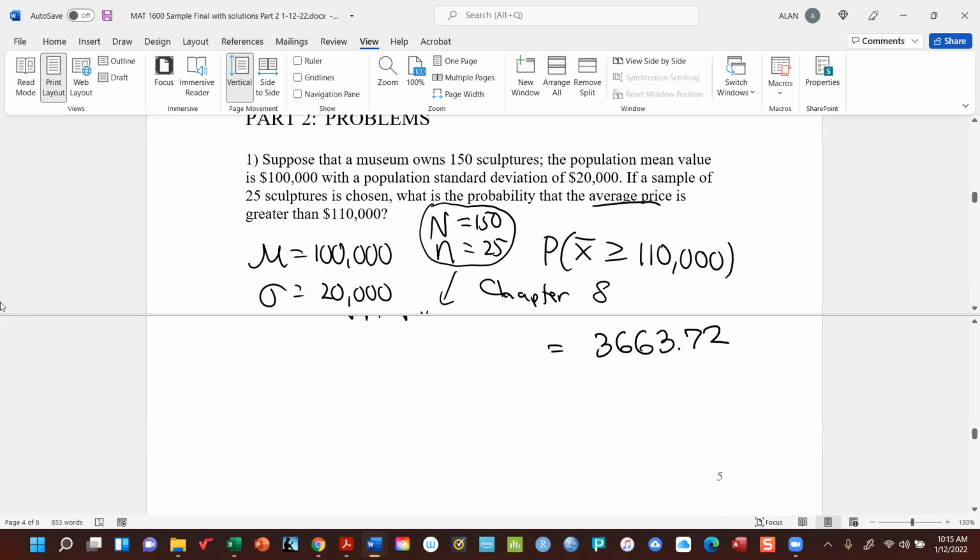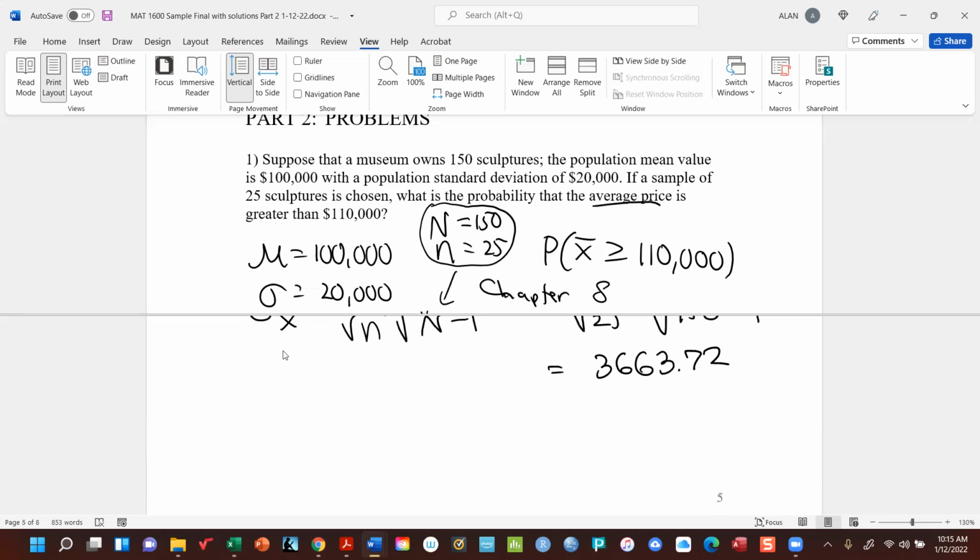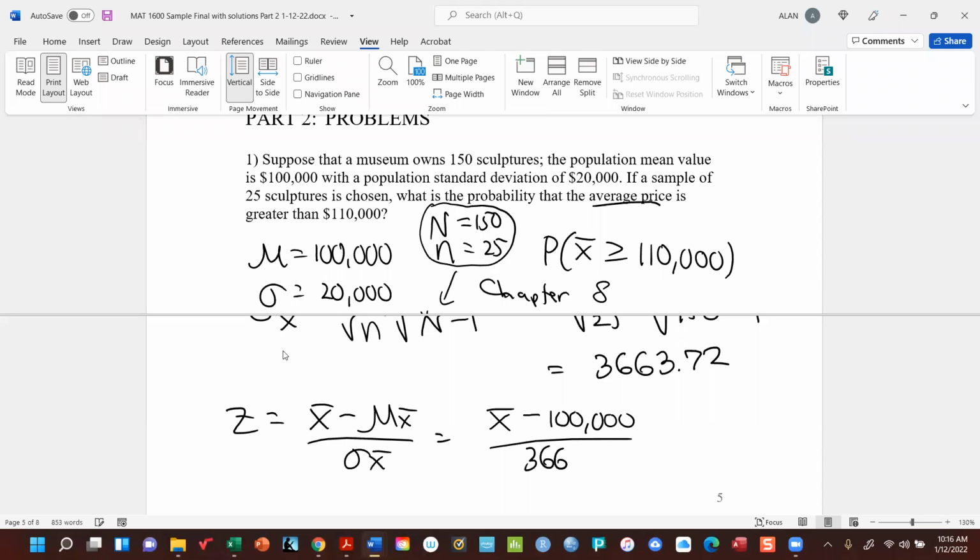So that means that whatever probability we're being asked to calculate, the conversion will be: take whatever X bar you're looking for, subtract 100,000, and then divide by 3663.72. So the question is the probability that the average price is greater than 110,000.